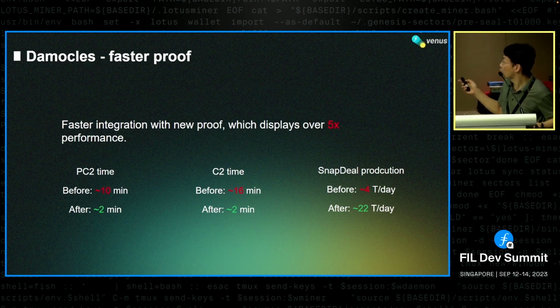And for the C2, we improved a lot, actually 8 times the performance. Before it was 16 minutes, and now we only need 2 minutes to complete C2. And also for the sector deal, for 1 day, we could only have 4 TB onboarding, and now we could have 22. You could say it's a huge improvement, right? Very huge. More than 5 times for each of them.